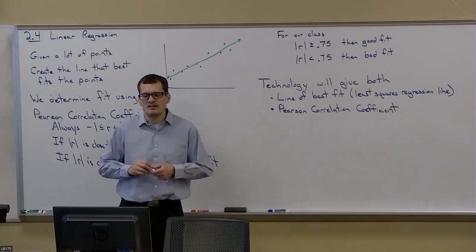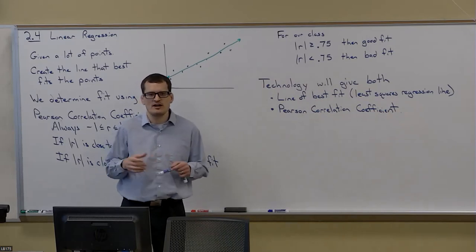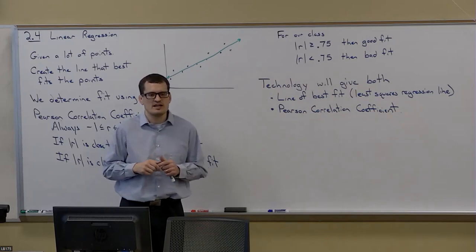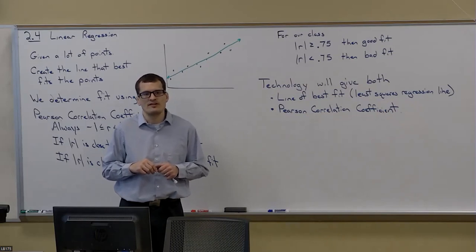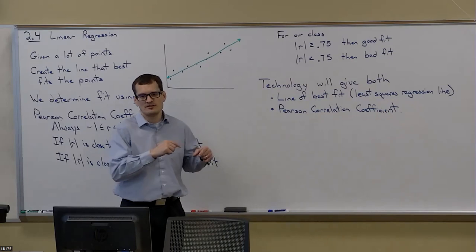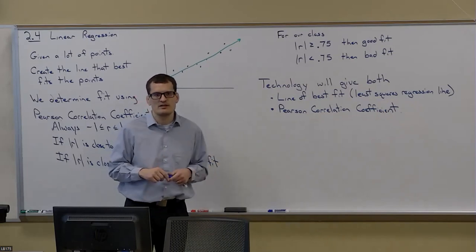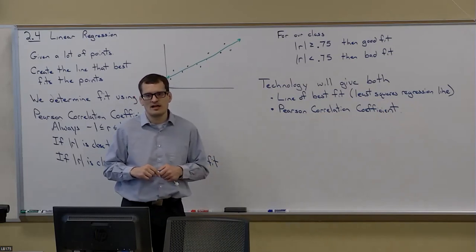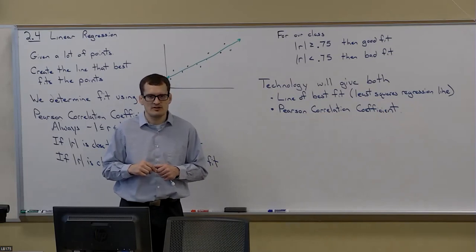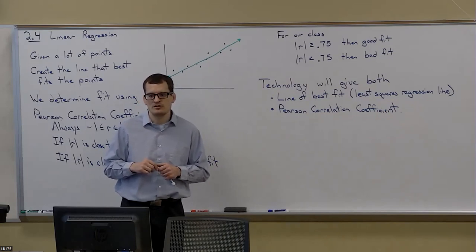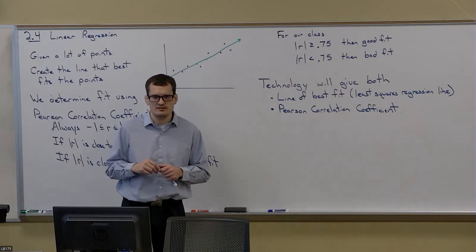We'll use Excel in this class, and I'll show you how that's done using Excel. On the homework or on the test, I will have this already calculated. So you're not going to have to use Excel on the test or on the homework, but I will show you how it's done using Excel, if that makes sense.